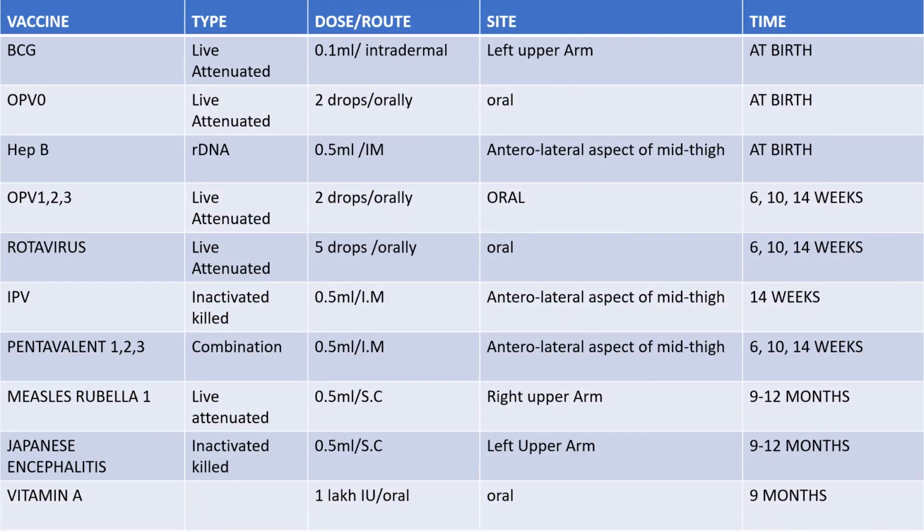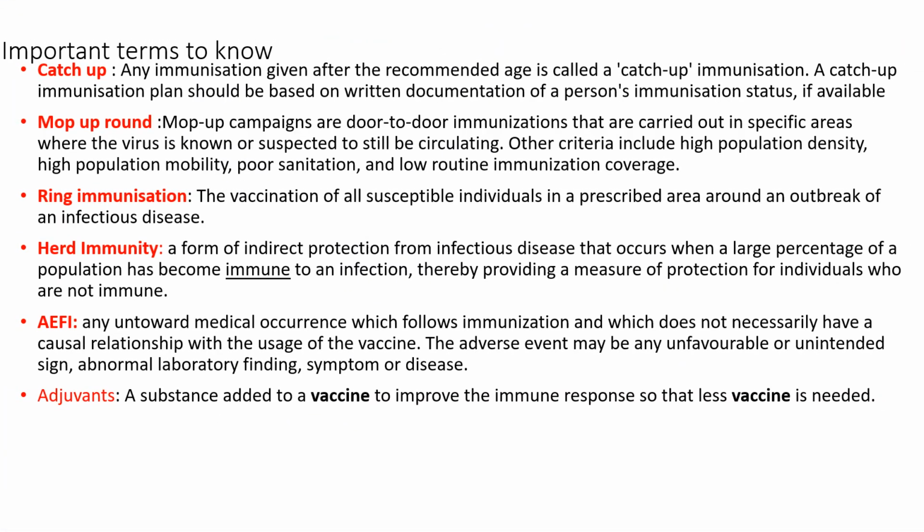Make a master chart at your home, hostel, wherever you are, where on one hand you write down the names of the different vaccines, the type of vaccine, the dose and the route of the vaccine to be given, the site of the vaccine and the time it is supposedly given. So prepare this master chart, and before entering the VIVA table, particularly go through that, because the tray will be laid out on the grand VIVA table.